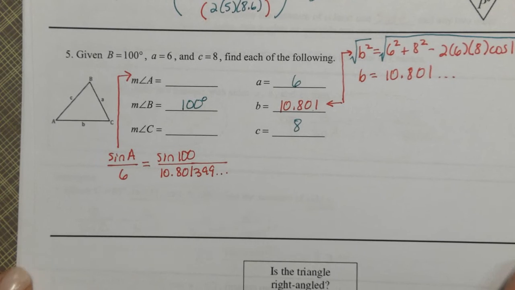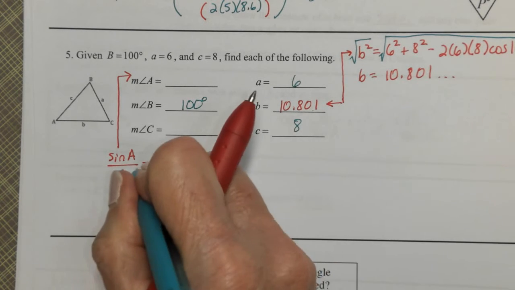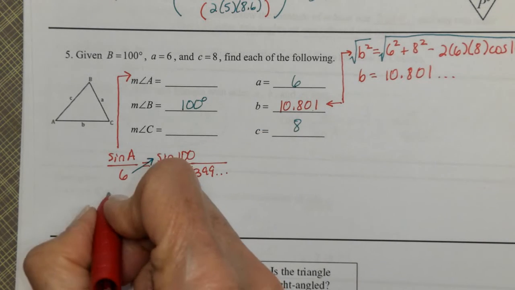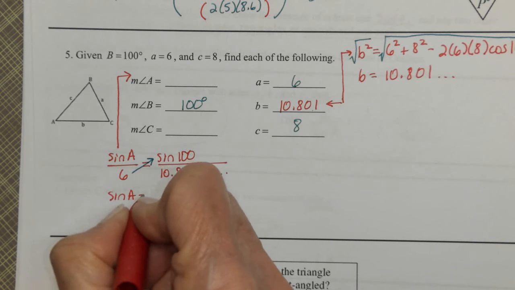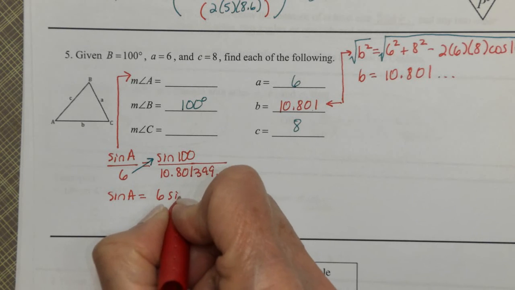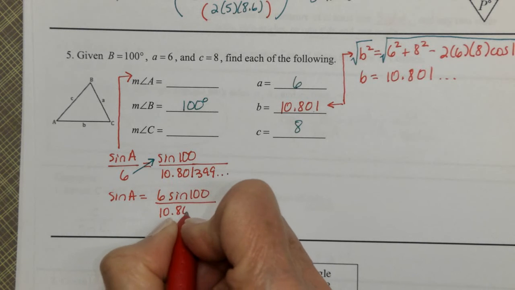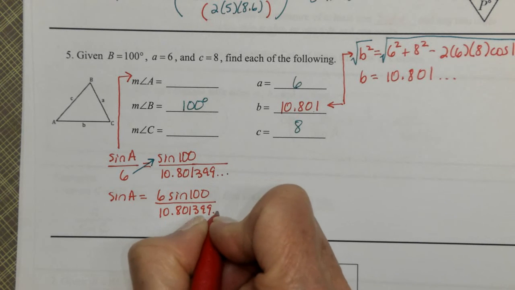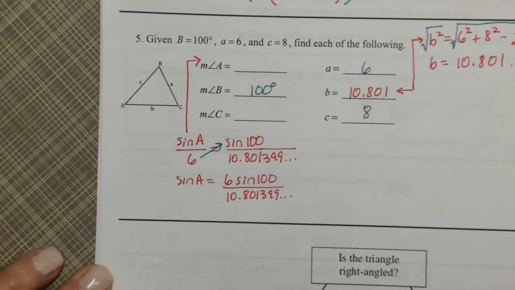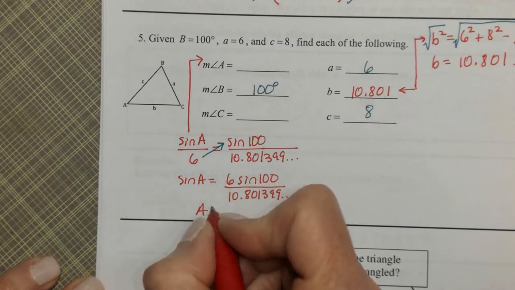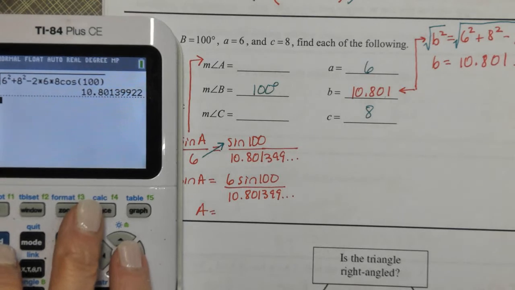Okay? I'm going to cross multiply here, and I have sine of angle A is 6 sine of 100 divided by what we just found. So A will be inverse sine of all of that.